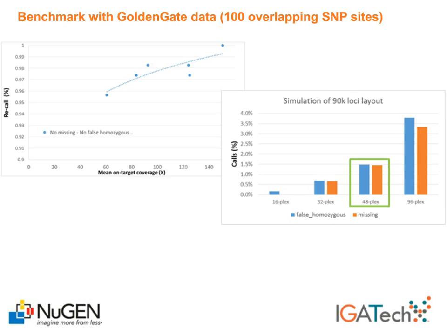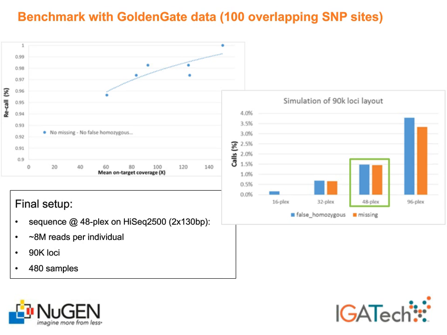And with this system, we simulated that the error rate for both false homozygous calls and missing data would be around 1.5% each. So the final sequencing setup would generate some 8 million reads per individual on a 90,000 loci panel and for a total set of 480 samples.